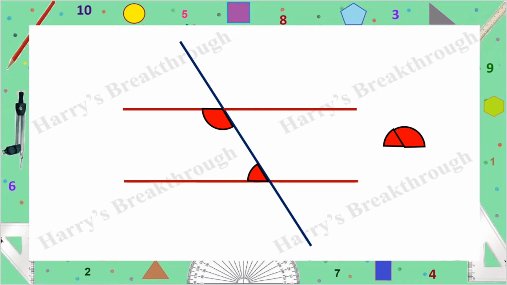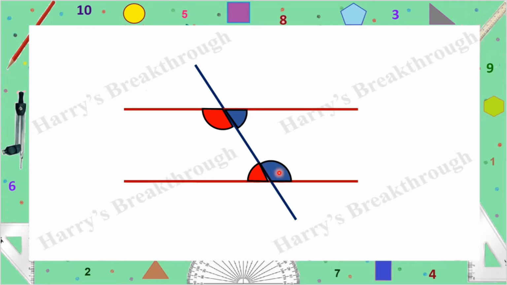Now can you find any other pairs of angles which are at interior part of parallel lines? Look at this angle: it is interior part of parallel lines and right side of cutting line. Can you find any other angle like this? This one.